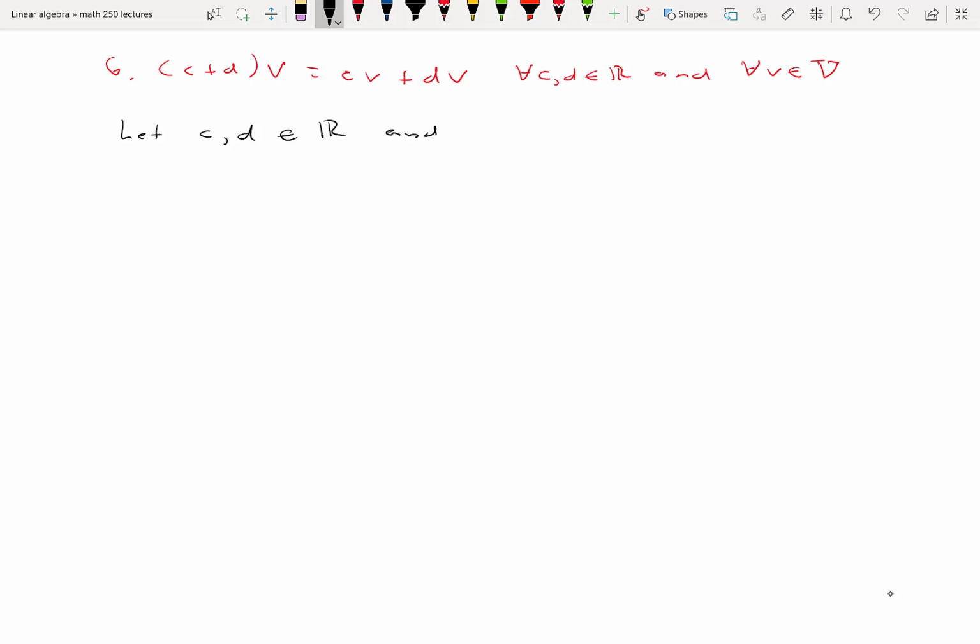and let V equal x y. Pick something out of the vector space. Pick that out of R2. Okay, and form the left-hand side. C plus D times V. Well, I should write it all out. C plus D times V equals C plus D times the column vector x y.